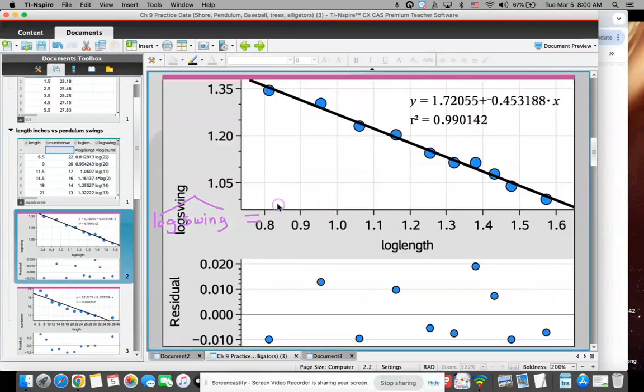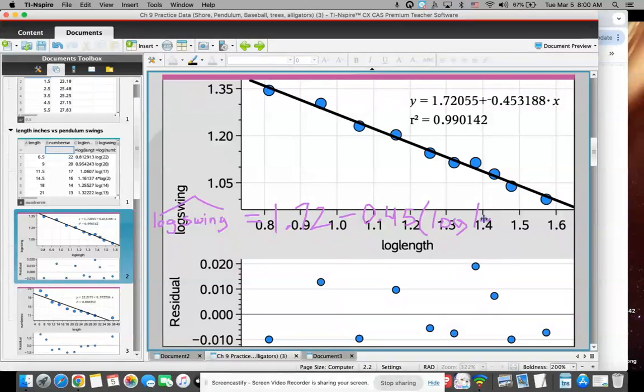I'm going to write it while I can see it. So I got the 1.72. I'll go back to the other page so it's clear. But I'm just writing it here. So I have 0.453. And then the x, it's not x anymore. It's log of the length.